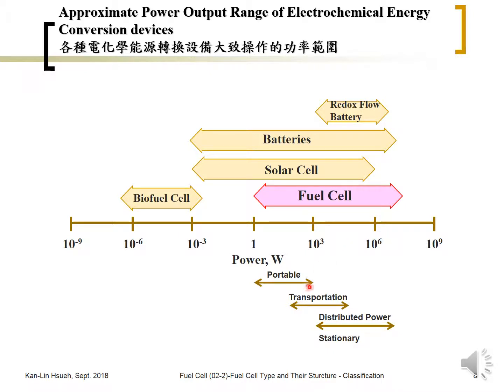The portable maybe I should draw at 100 watts instead, since 1 kilowatt is too much. For the solar cell, portable applications are in a very low range, all the way to solar farms for renewable power generation in the megawatt range.